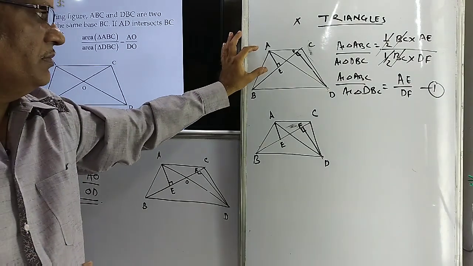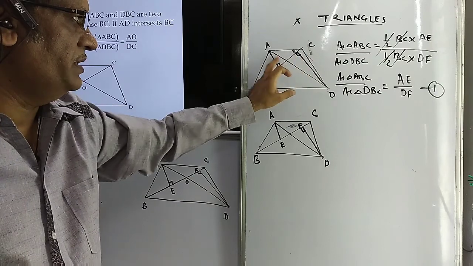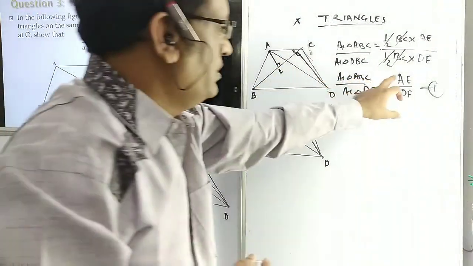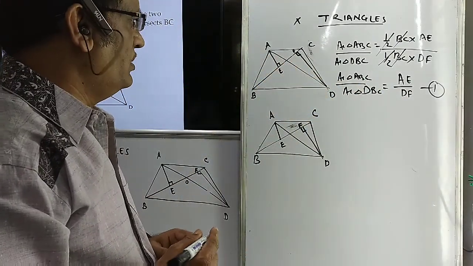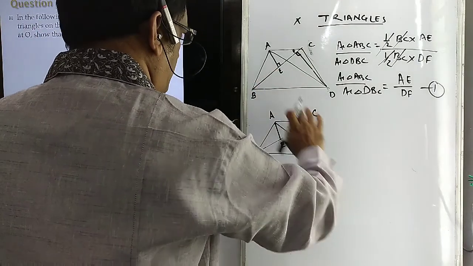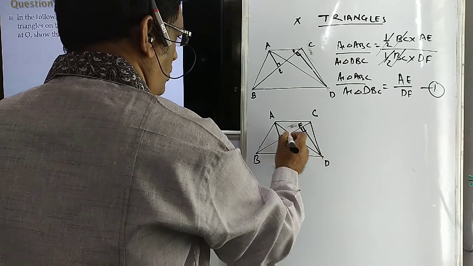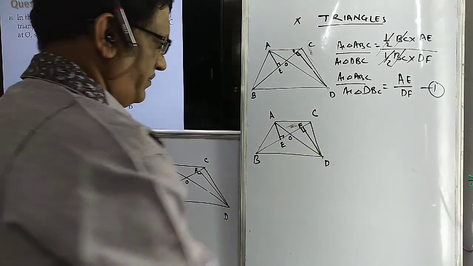Now what happened? The ratio of areas of these two triangles is the ratio of these two sides, that is AE by DF. Now what we do, we take these two triangles. Which two triangles? This AEO and DOF.